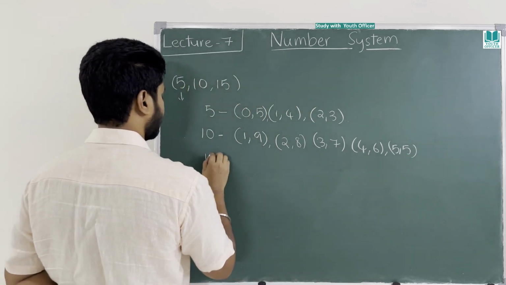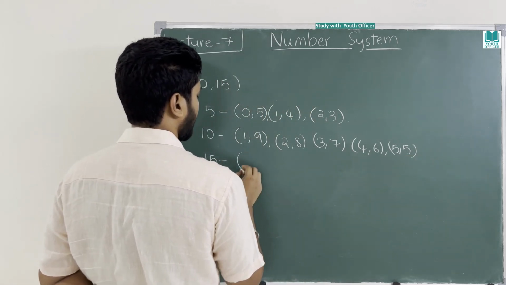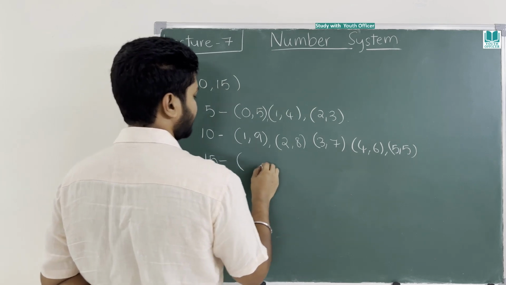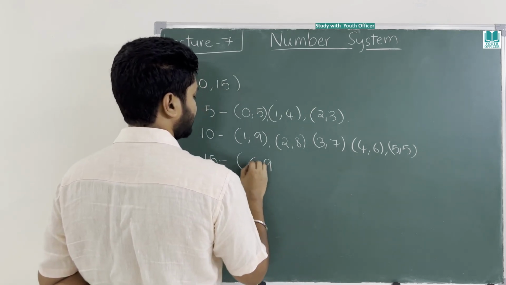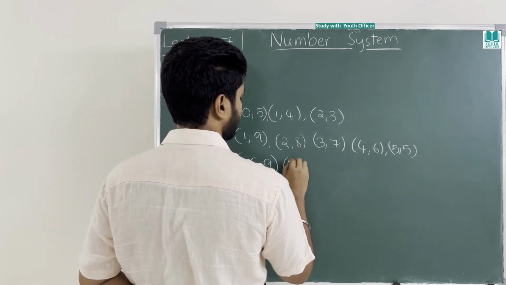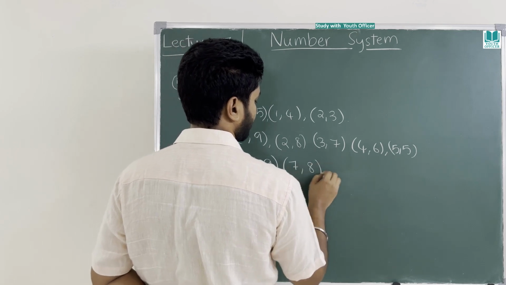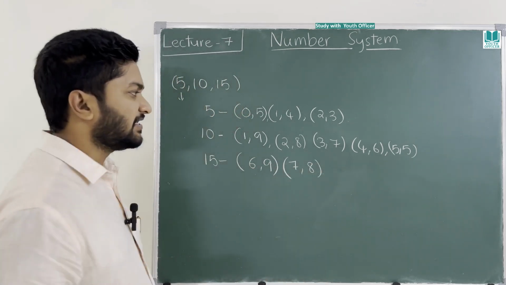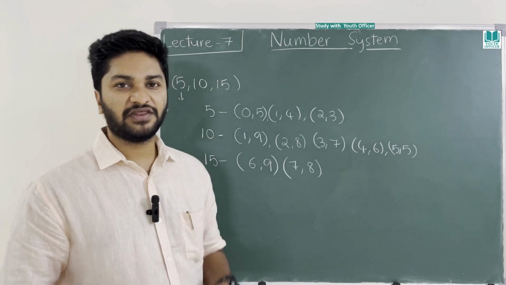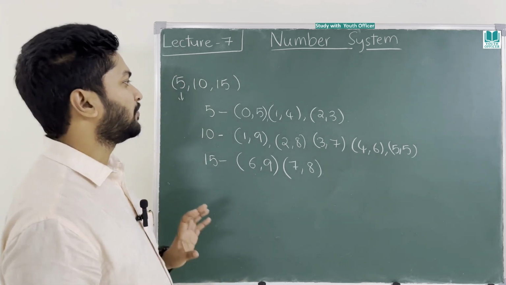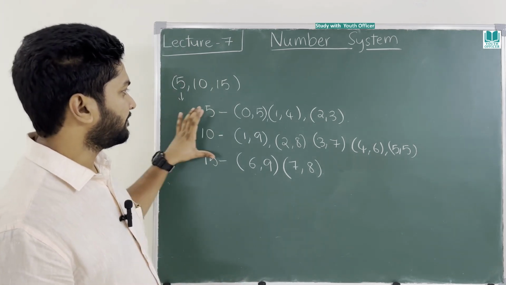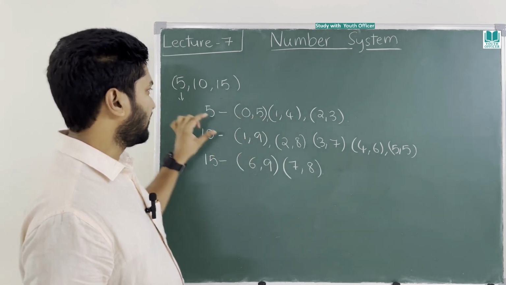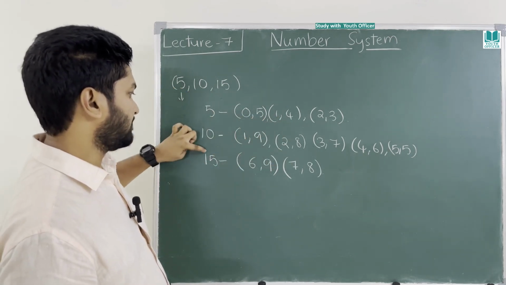These are the combinations. Now 15. How much is that? First it starts with 9, which means you need 6. And then 7, 8. That's it. These are the combinations. They are very important. Why are they important? Whenever you see these combinations, they will fetch these kinds of numbers.